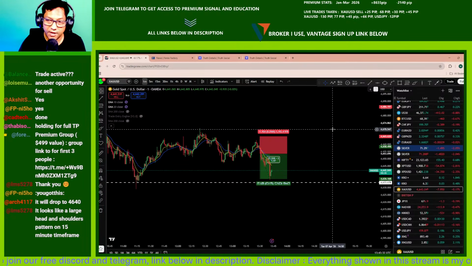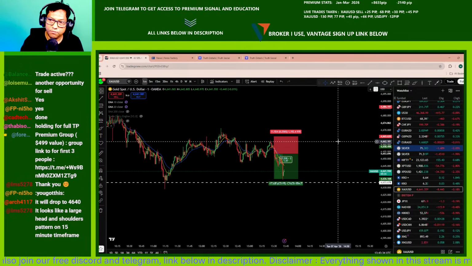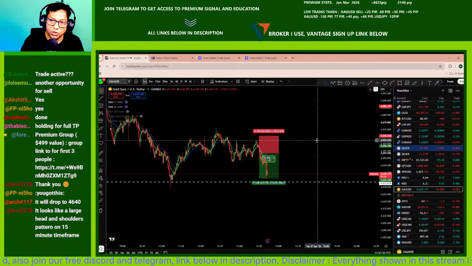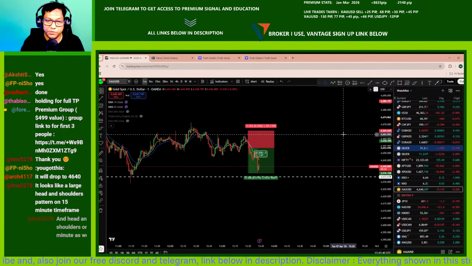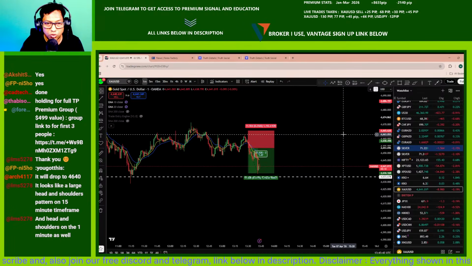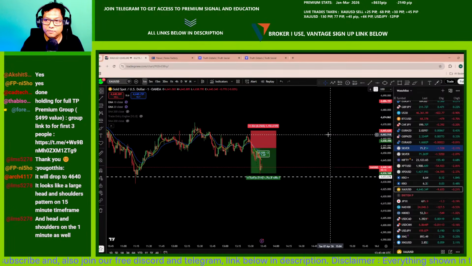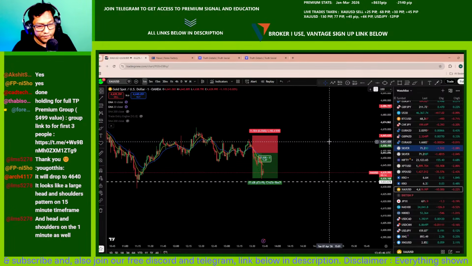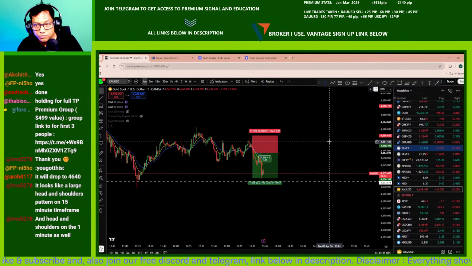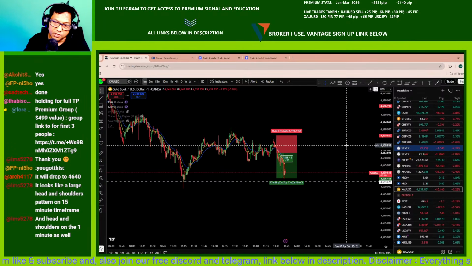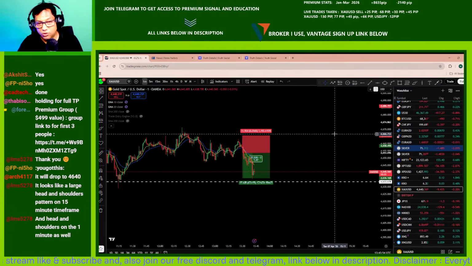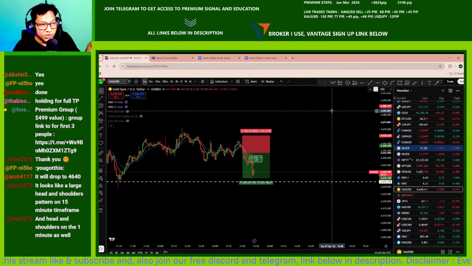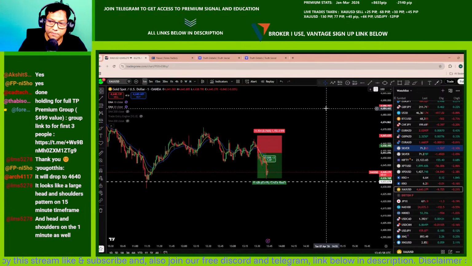There's a story behind the head and shoulder too. Always look at the head and shoulder from a few angles, a few perspectives. A head and shoulder on 1 minute, yes. If you see it on the higher time frame, you can spot it on the lower time frame as well. But the other way, no. If you see it on a lower time frame, you may not see it on the higher time frame. But if you see it on the higher time frame, you'll see it on the lower time frame.